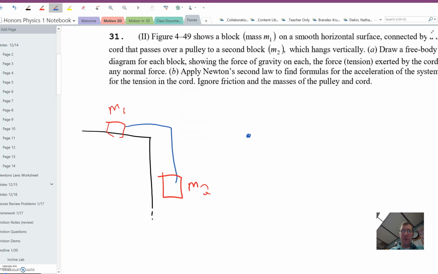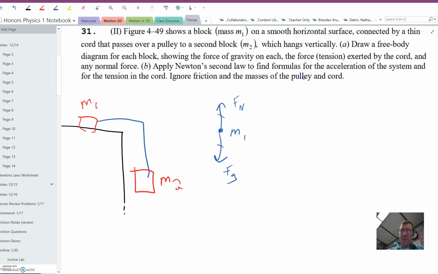All right, so when we try to do our free body diagrams now, we need to be looking at each picture pretty independently. So we'll start with mass 1. We've got gravity, and we've got normal. And I'm going to say that those two are equal because it's not going up or down. Now, horizontally, we can interpret this as saying that there is some friction.